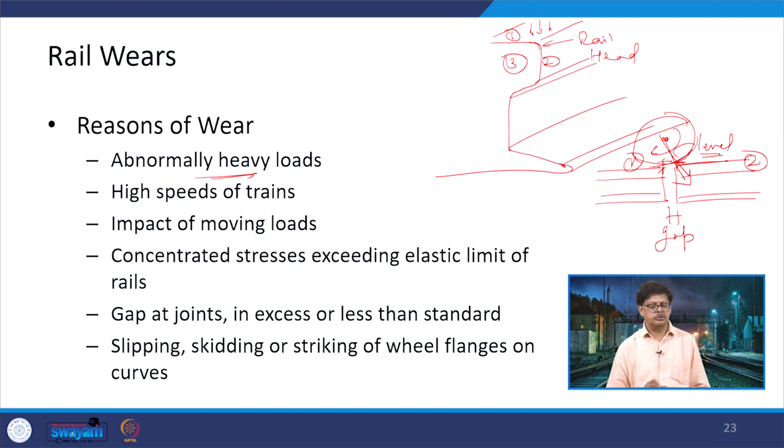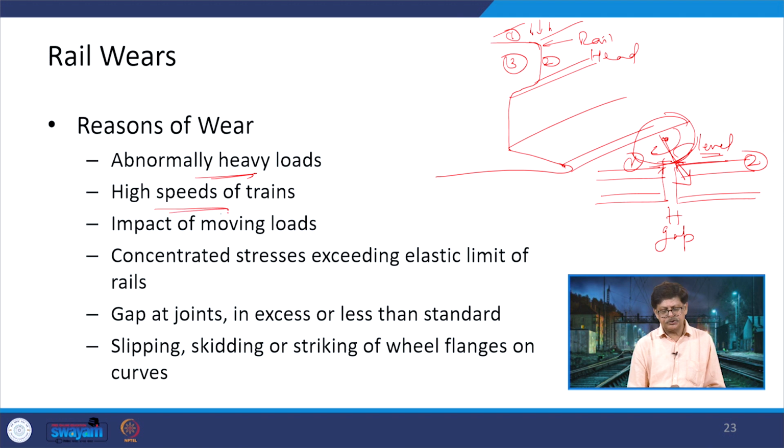So, there is also a possibility that abnormally heavy loads, subject to a condition that either there is a level difference between the two rails or there is a bigger gap as compared to the standard gap, then it can also occur at the rail end.